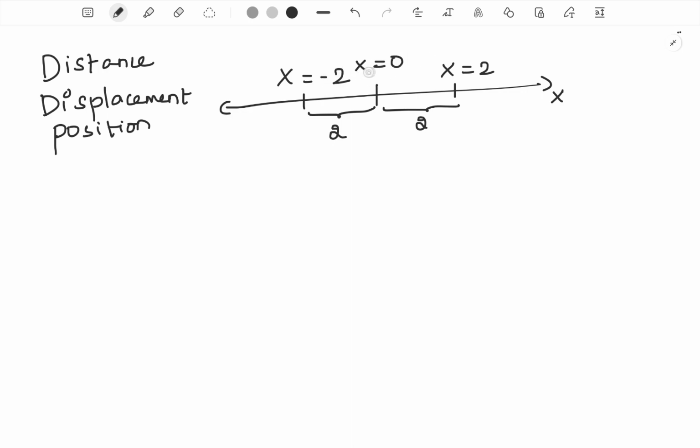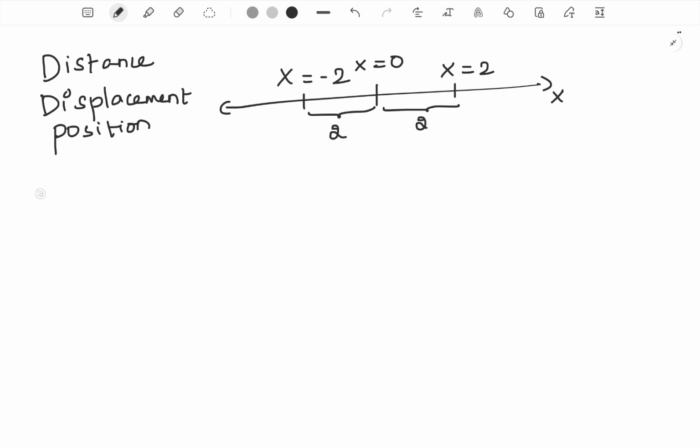This plus or minus indicates that it's present on either side of the reference point, which is x is equal to 0. So this is how we indicate the position. Position tells where the particle is present with respect to some reference position. Generally, the origin is taken to be the reference position, whether the body is moving along a straight line or in a plane or in 3D space.